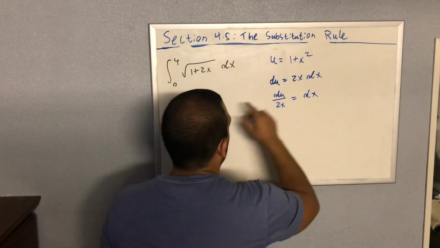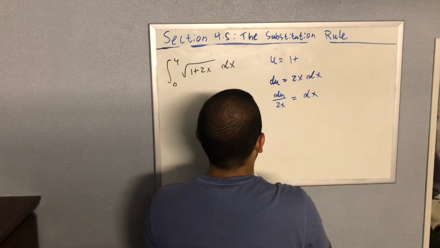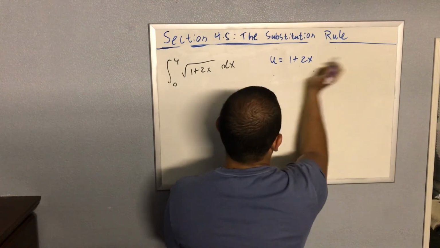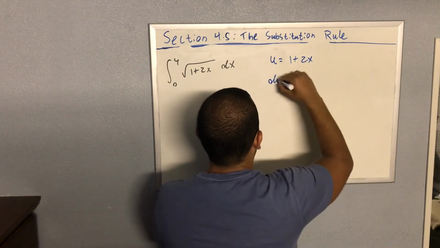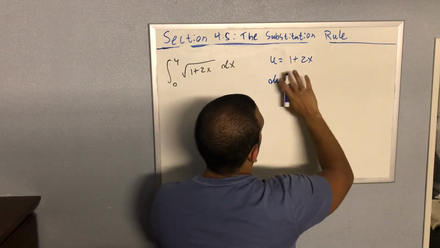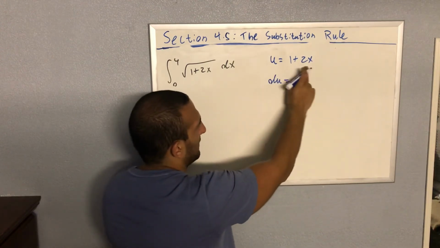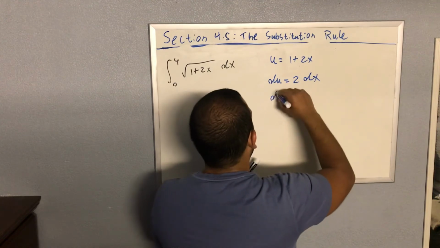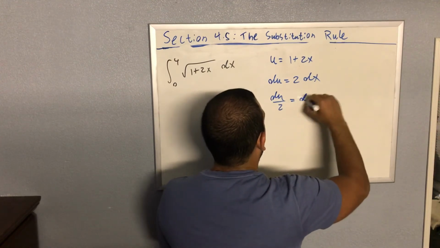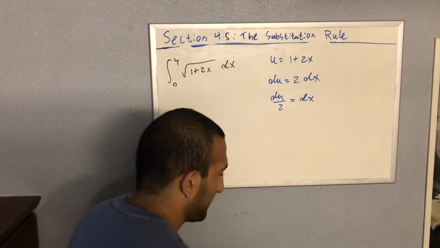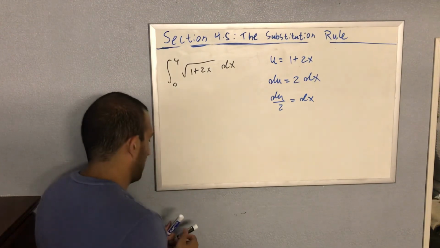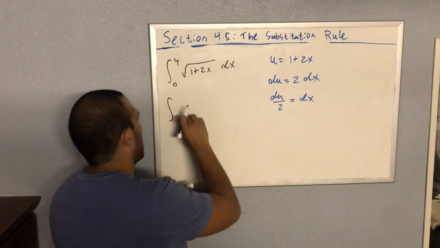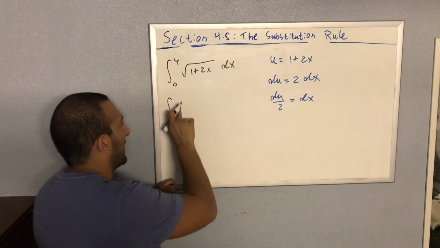Oh, sorry, this is a 2x. I was going to say this is not going to work out. Okay, let's redo this, sorry. So this is du. Derivative of this is just 2, right? This derivative is 0. This derivative is 2. Okay, so then du over 2 is dx. So this is the integral from, and I'm going to refrain from writing numbers here for a second.